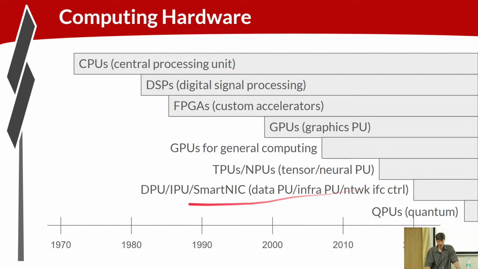More recently, I would say, an emphasis on intelligence in the networking, in the routing functionality and processing data, steering data. So you've got terms popping up like data processing unit, infrastructure processing unit, network interface controllers, smart network interface controllers.